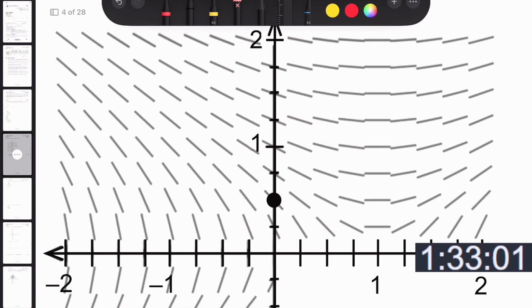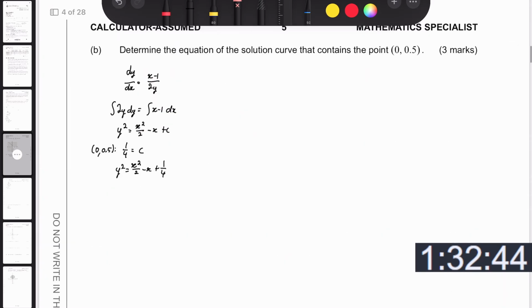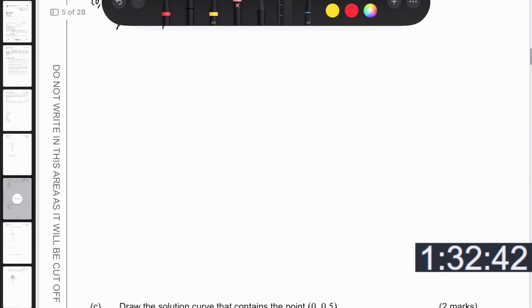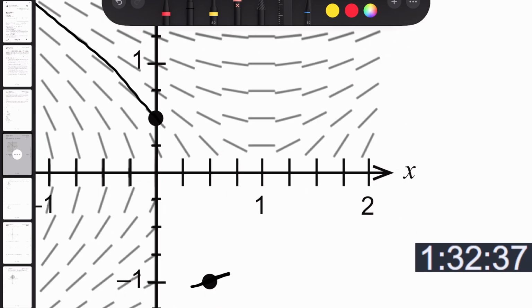See, this side goes off like that, and then we come in at about 0.29, so 0.3. And this is about 2.5, so it'll be about there.